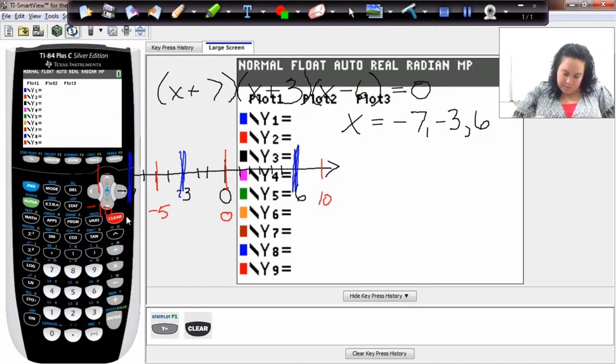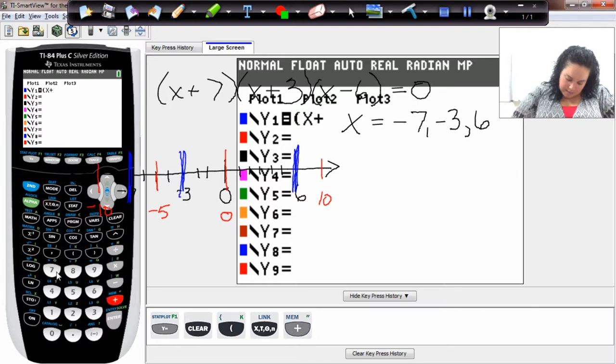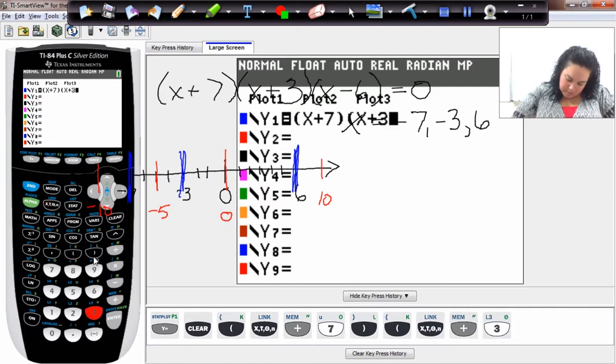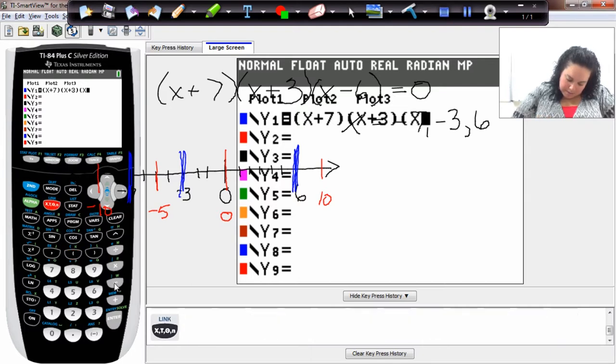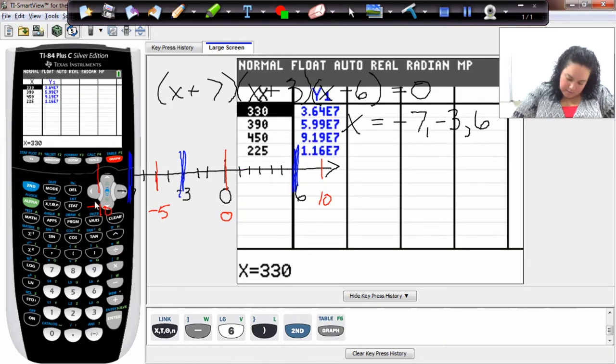Let me clear this one, and we're going to type in parentheses x plus 7, close parentheses, parentheses x plus 3, close parentheses, parentheses x minus 6, okay, and we will go over to our table and type in -10, that's the first one we wanted to know.